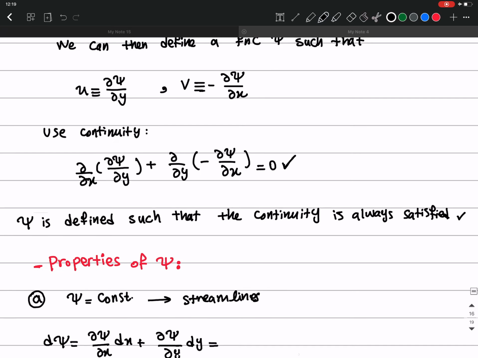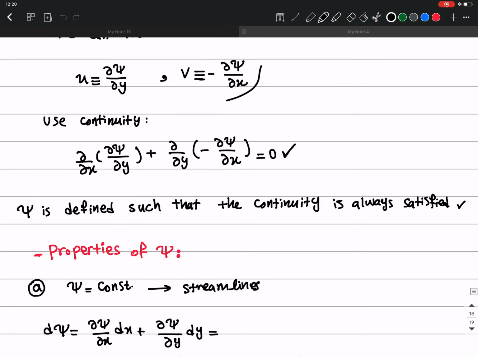And what are these? Based on the definition, partial psi over partial x is going to be minus v times dx, plus partial psi over partial y, from here, it is going to be u, so it's u dy.